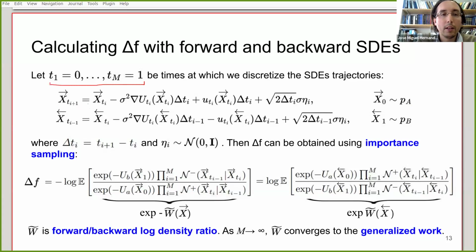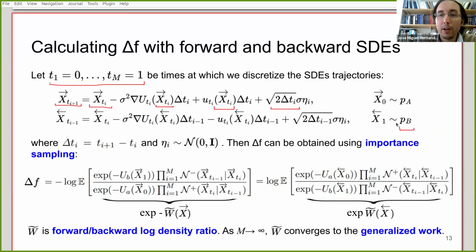This would be your initial sample, and then you evaluate these drift terms given by the gradient of u and lowercase u, by these functions. You can evaluate the drifts, and then you can add some Gaussian noise with this standard deviation to those samples, and you will get the new value for x. You can do this following the time points that you chose in your discretization, and eventually you will end up with a value that is approximately distributed as PB.